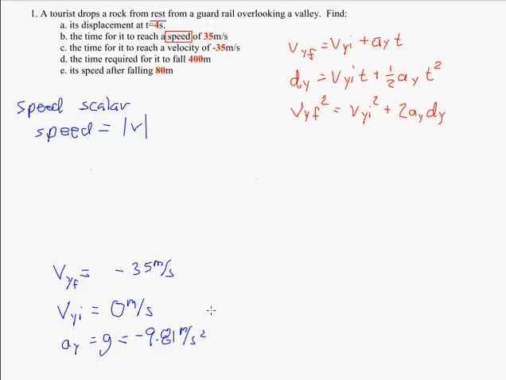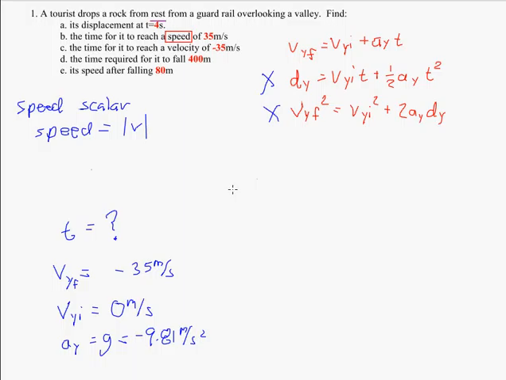Okay, and the next thing it's saying is the time. So you're looking for time. I'm going to put that at the very top, because that's where I have room, question mark. And looking up here for formulas, well, you know it can't be this one, because this formula doesn't have time. You need something that doesn't have displacement, because we don't have displacement here. So we only have one option. That's the very first formula.